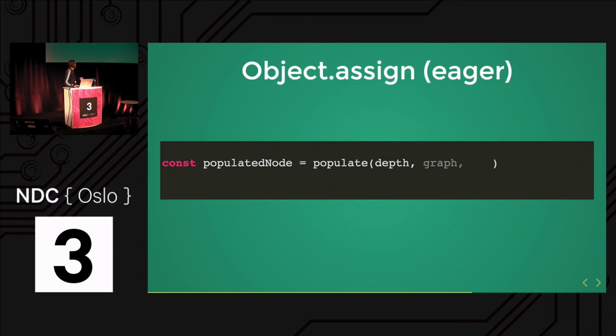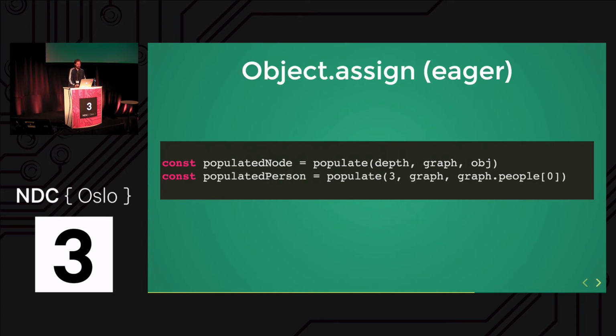Pass the graph itself, which is just a JSON object with a set of JSON collections. And then we could pass an object that we would want to be populated against this graph. So now we could say that I want to have a populated person, which I want to be able to access 3 levels deep, and I'll pass it the graph, and I'll just pass the first person of the people collection, because that's the object that I'm interested in.